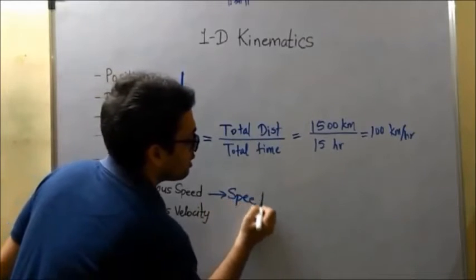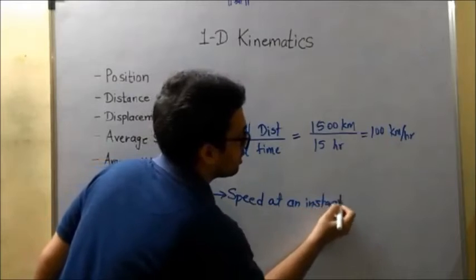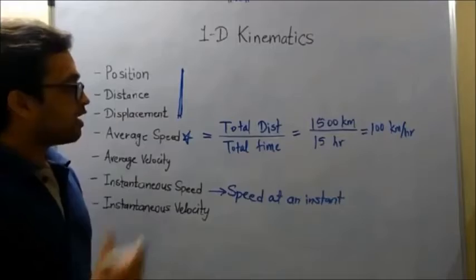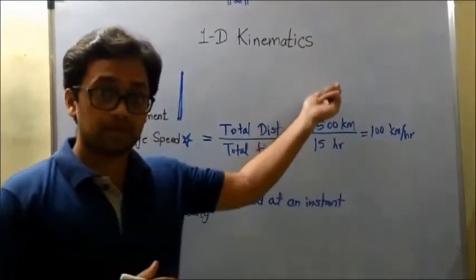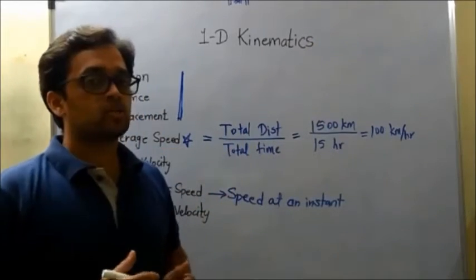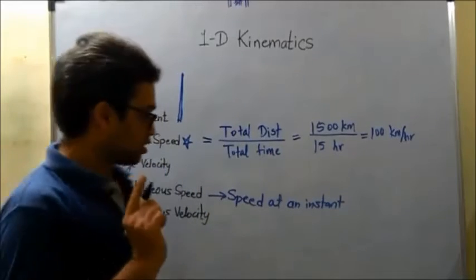Speed at an instant. Like we said, the speed could be sometimes 0, sometimes 120, sometimes 60, 70, 80. These are all instantaneous speeds. So speed at any instant of time is called instantaneous speed.